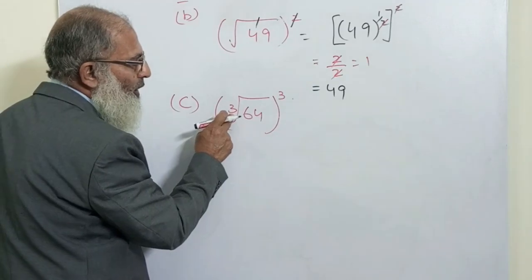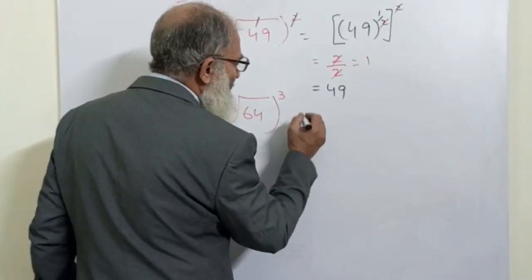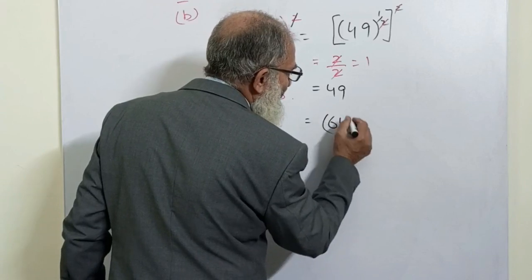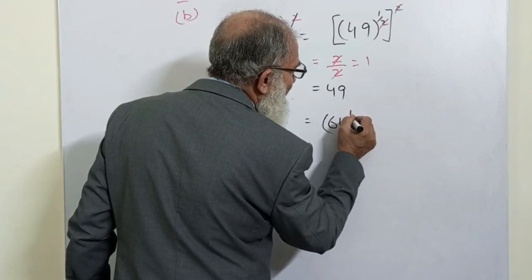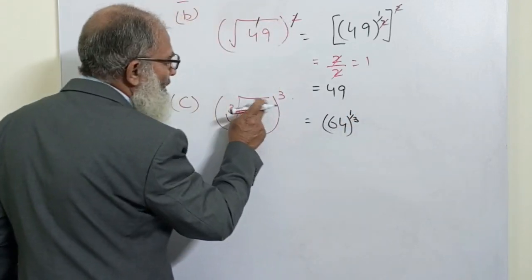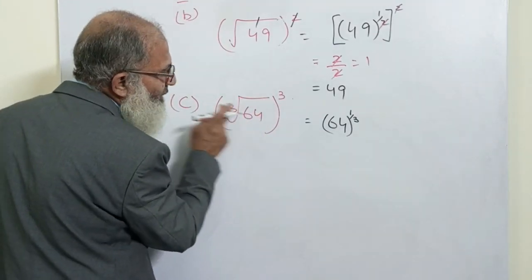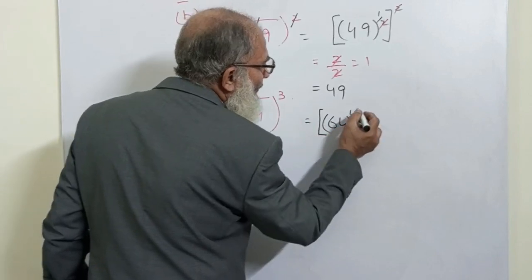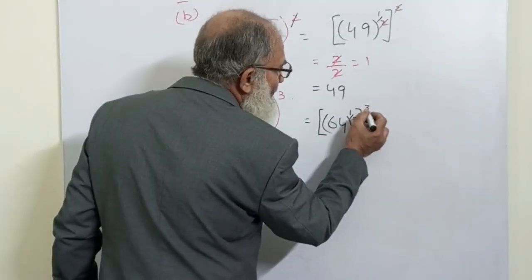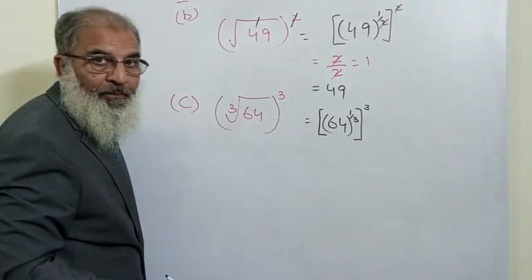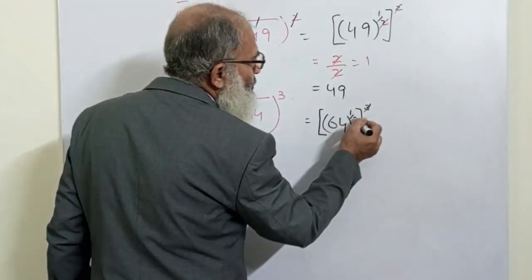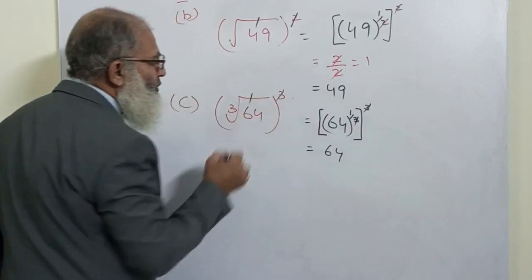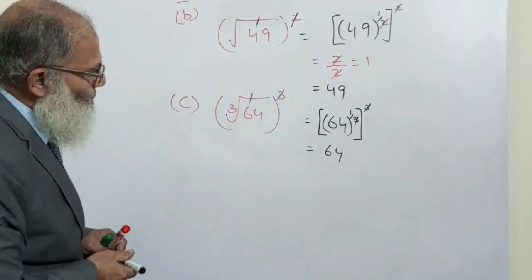But to explain you can write it like this. This cube has been converted in numerical form, and then this cube comes over here. So this cube goes with this and the answer is 64. You can simply do it like this also.